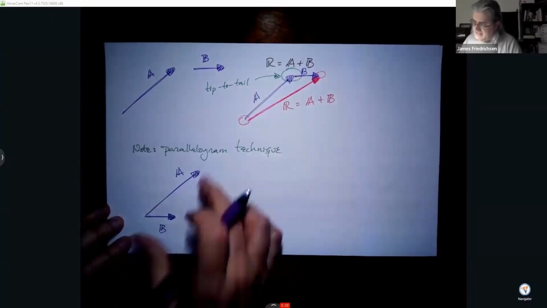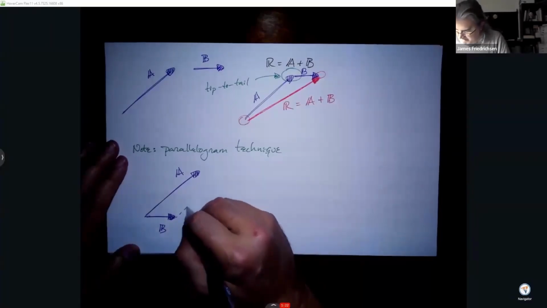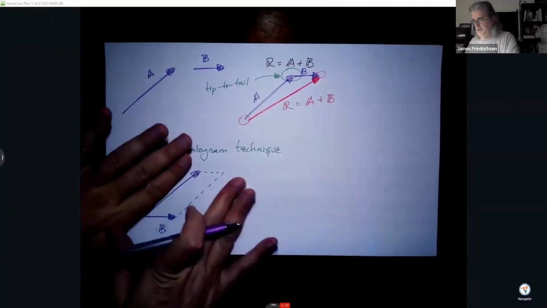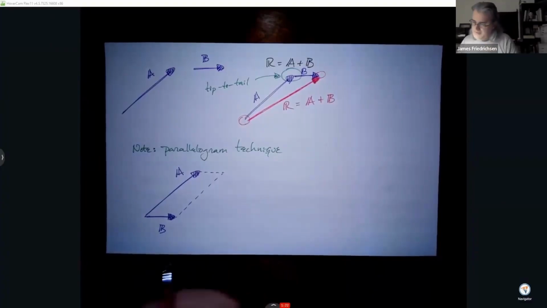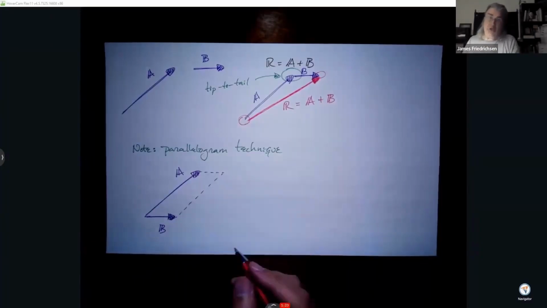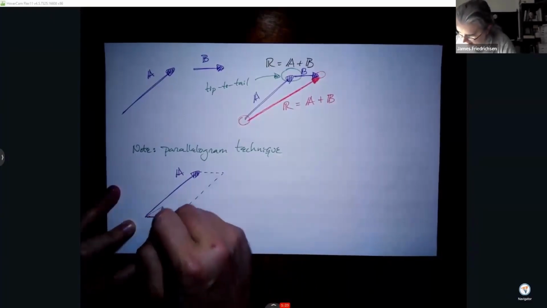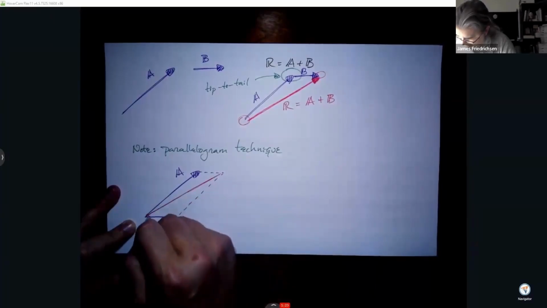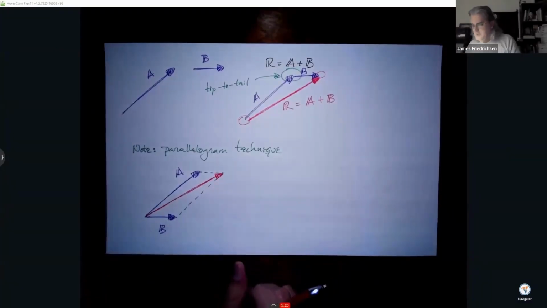And then we're going to view that these form the two sides of a parallelogram. Okay, so there's our parallelogram. And then the resultant is the diagonal of the parallelogram. Now, the problem with it is that there are actually two diagonals in the parallelogram. But the diagonal they mean is this one. Like so. Okay. So that's the resultant.